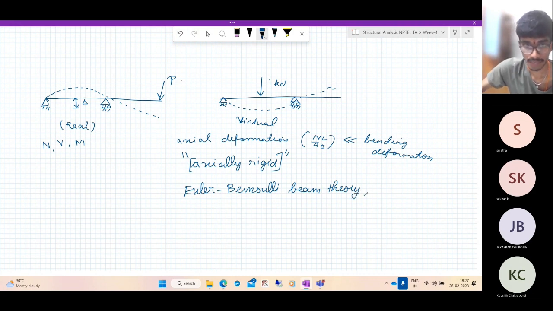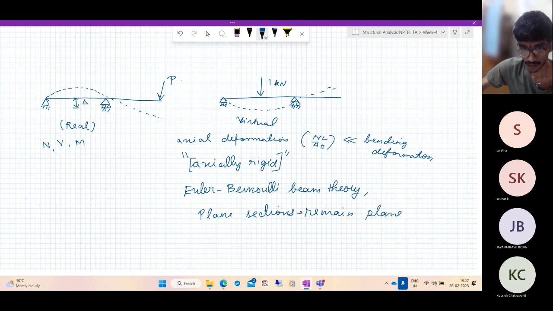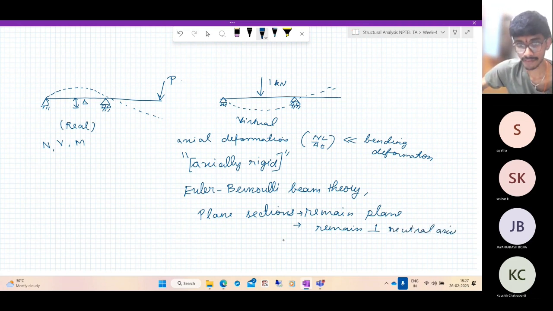If we use Euler-Bernoulli beam theory, we say that plane sections remain plane. They remain perpendicular to the neutral axis and suffer no change in length. What does this mean?